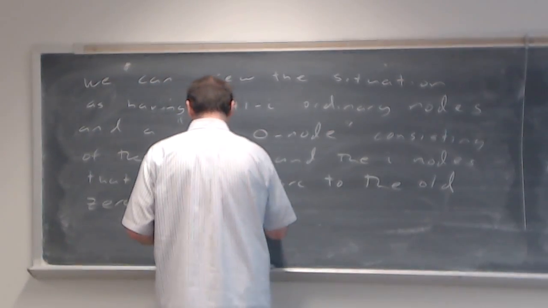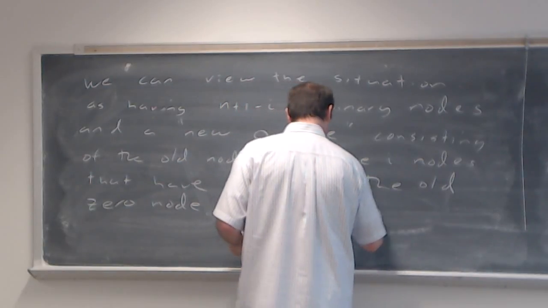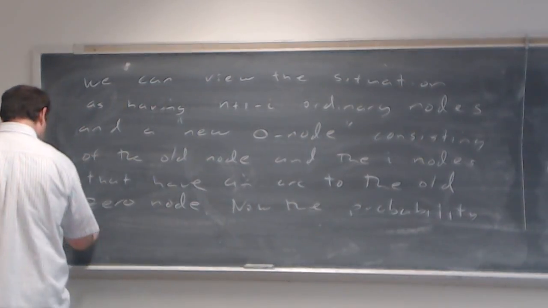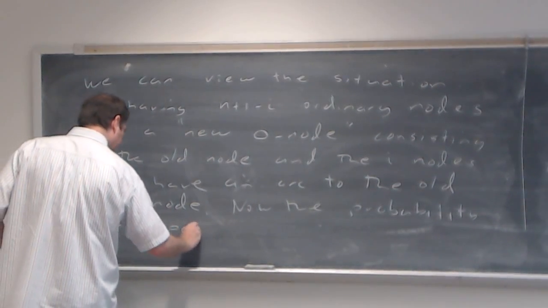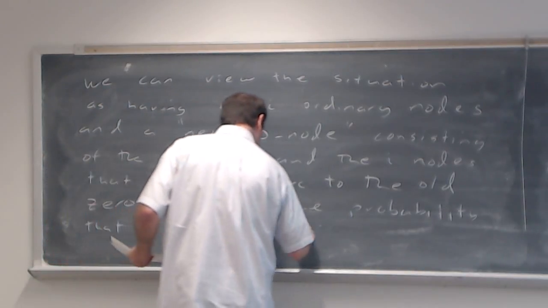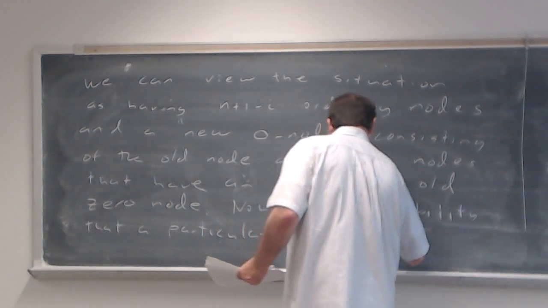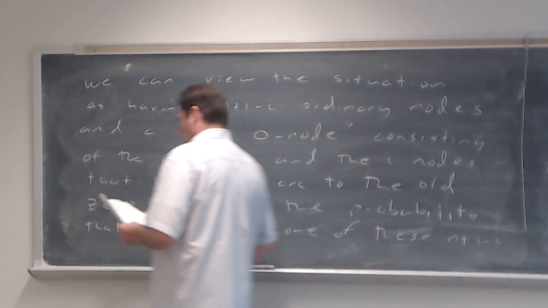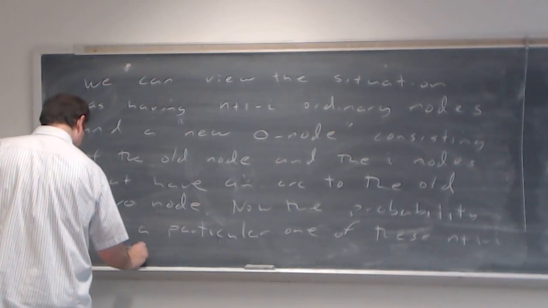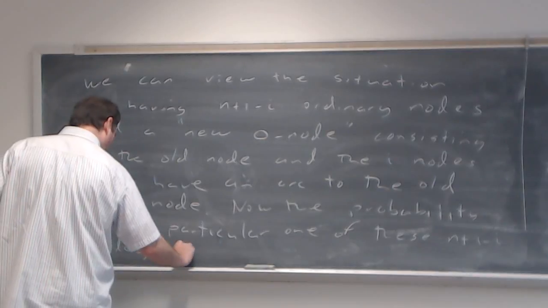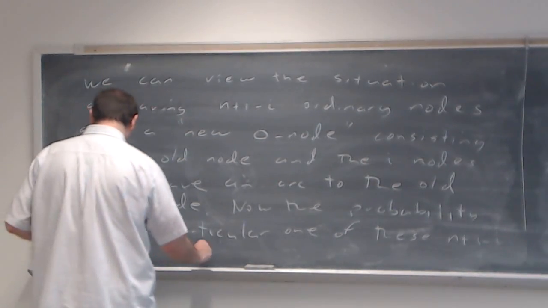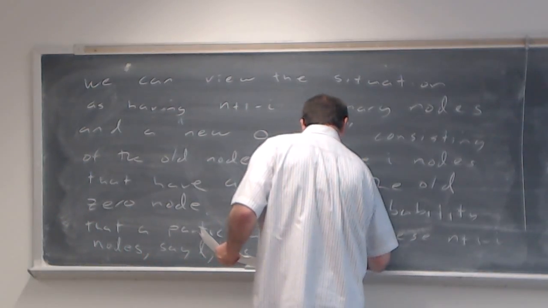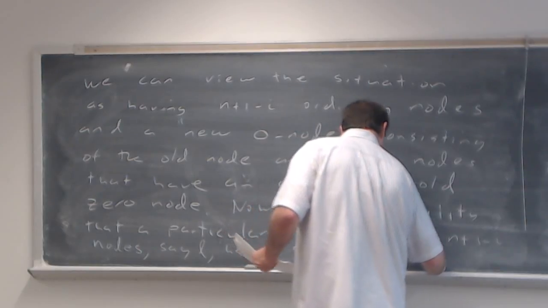Okay. Now, the probability that a particular one of these n plus 1 minus I nodes, say the Lth one, has an arc to the new 0 node.